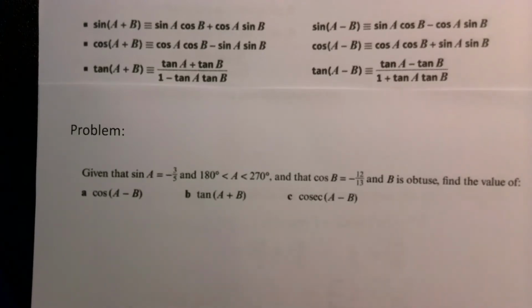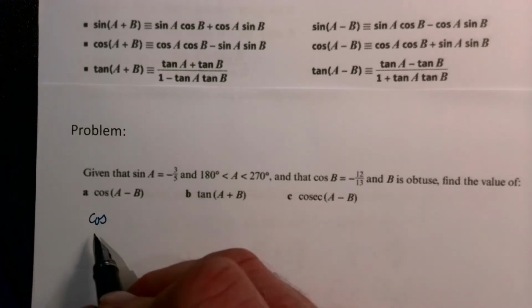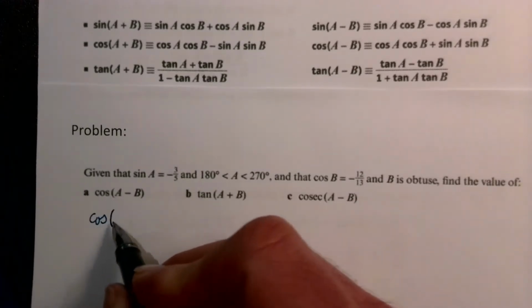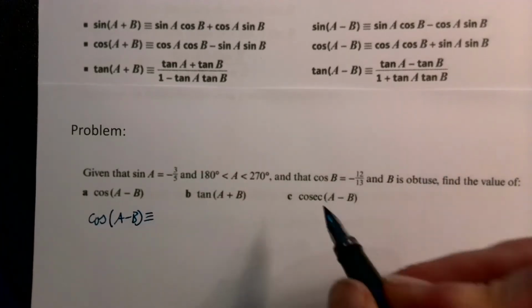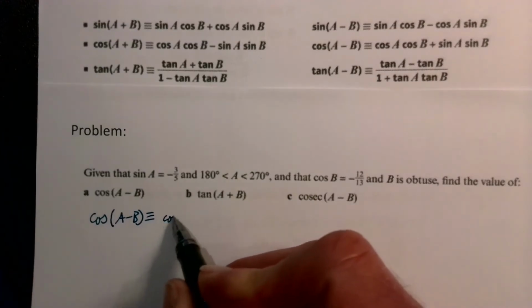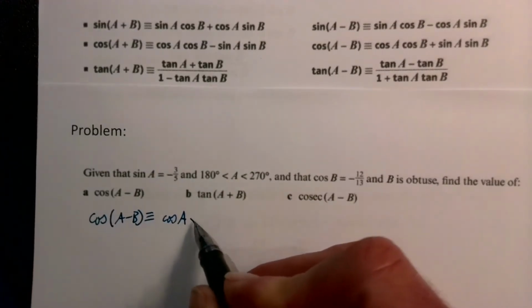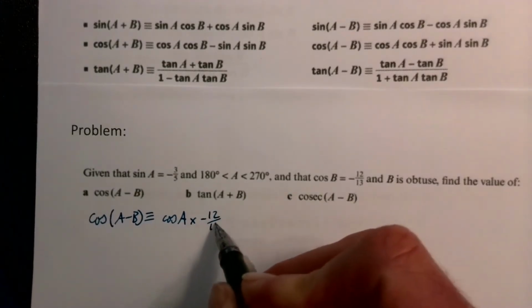So we know that's going to need us to use cos A cos B. So it's going to be cos A times cos B. Well, we've already got cos B. Let's just put that in straight away.